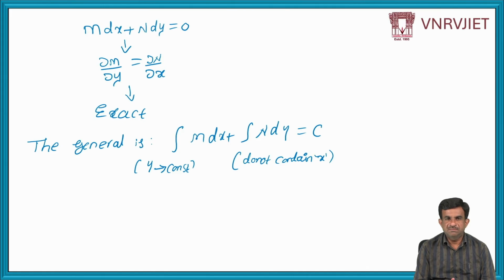If it is the same, then we can say that the given differential equation is exact. If it is exact, then the general solution is written as integration M dx plus integration N dy equal to c. In the first integral we treat y as constant. In the second integral we take the terms which do not contain x.